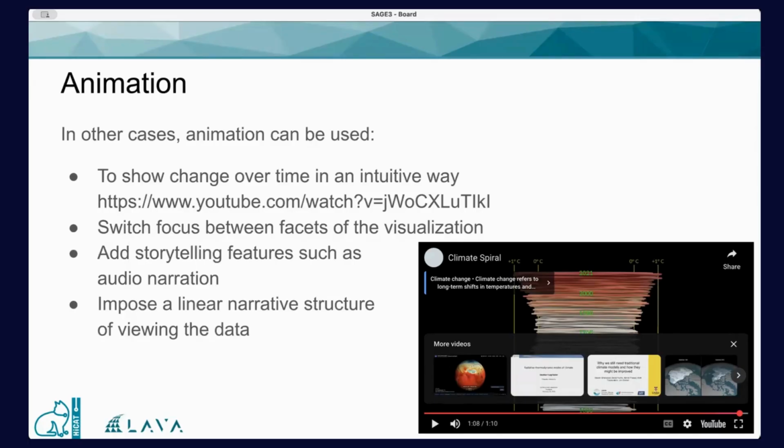Or it could help us kind of enforce a very linear way in which our participants or our viewers see our data. So instead of just looking at it all in one go and having them explore wherever they want, we want them to see this specific thing first and then this thing and then this thing, because that helps convey our findings. Animation can help us do that.